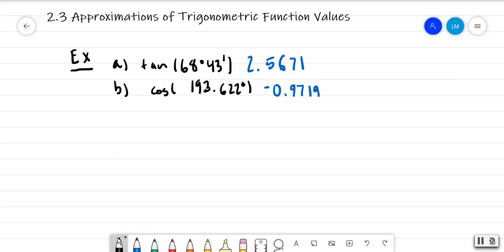Now, let's say that we were to do another example, but this one will be a little more complex.